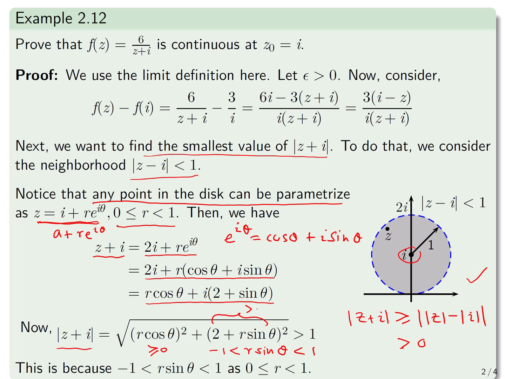Because of that, when you add them together, the sum is bigger than 1. When you take the square root, it's also bigger than 1. So that's exactly what we need. That is the smallest it can get. Actually, it never reaches that value because r is never going to go to 1. But you can see that is the smallest possible value.